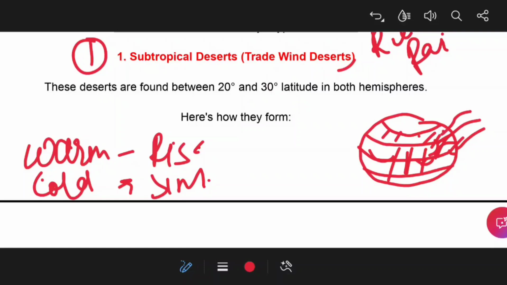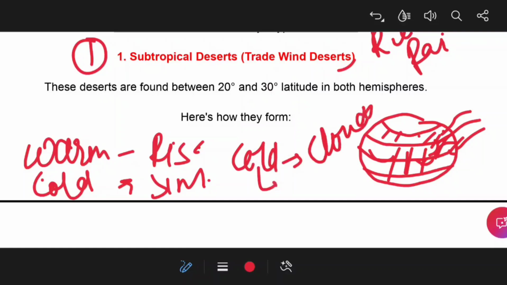When cold air sinks down, that means there will be a formation of desert. Why? Just tell me why. Because the cold air will not be able to form clouds. Cold air does not contribute to the formation of clouds, and that's why this region has deficit rainfall, and that is the basic reason for the formation of the subtropical desert.